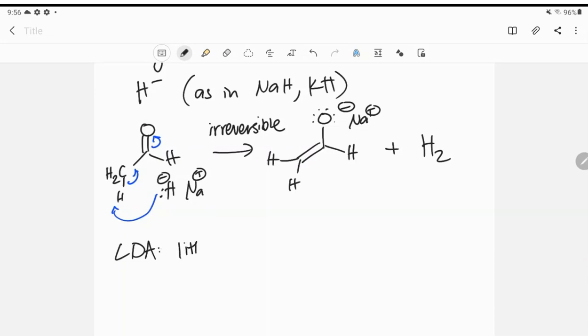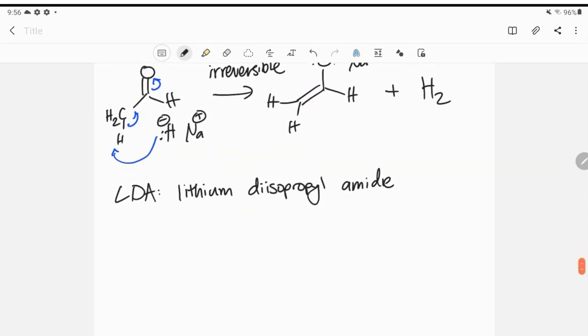LDA is lithium diisopropylamide. Because it's negatively charged, we'll have it that way.